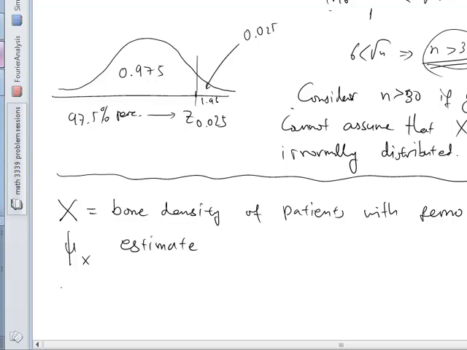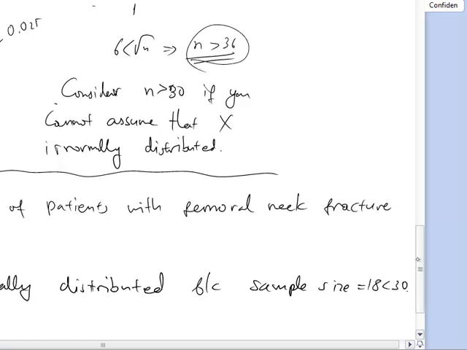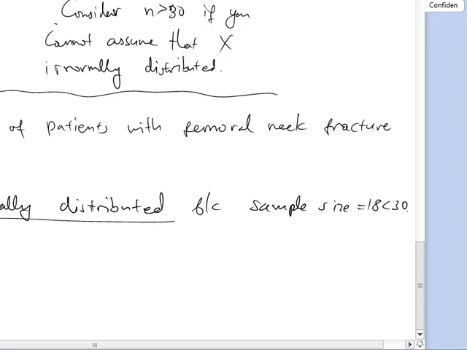Or, well, precisely it's not going to be, but we have to see some evidence there that X is normally distributed, because sample size is equal to 18, which is less than 30. Now, that is something we want. It doesn't mean that it happens. So we need to check whether this is happening, and in order to do that, I will do, as you would do in class, a box plot.